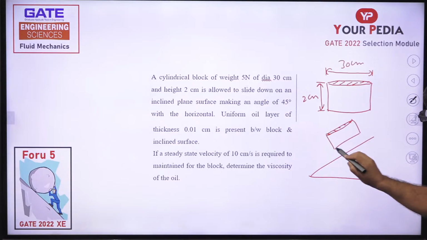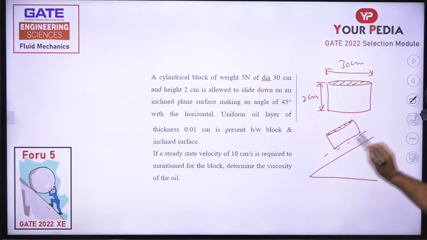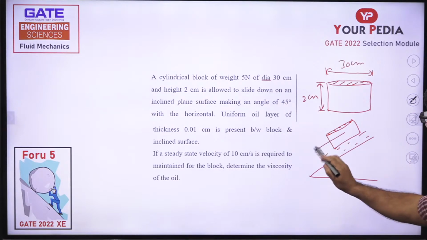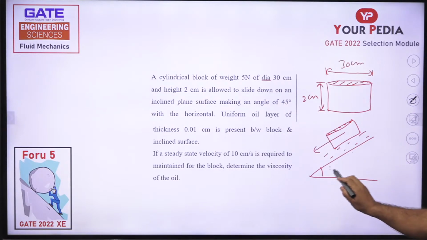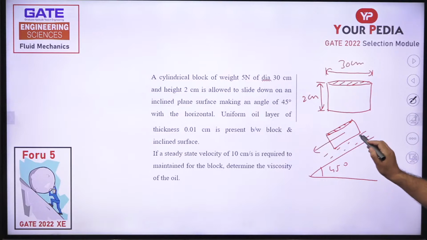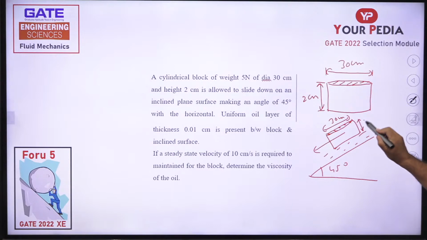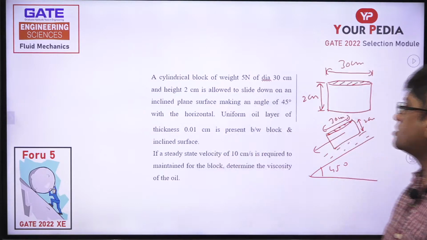Only thing is, I think we need to clarify this in the question a little bit more, that the cylinder is coming down and the angle is 45 degree. The cylinder is coming down on this slanted surface with a cross section of 30 centimeter and a height of 2 centimeter. So the cylinder is coming down like this, right? So it is coming down on this surface.